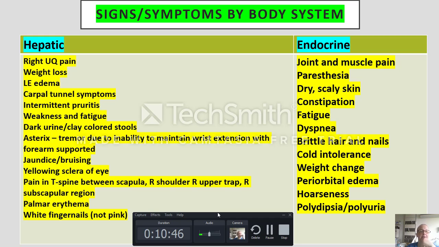With the hepatic system, we're going to look for right upper quadrant pain. Hepatic meaning the liver.